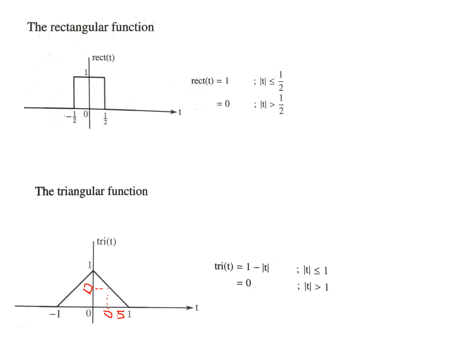Also at t equal to minus 0.5, its value is 0.5 only, because while subtracting I should take only the magnitude. Even though it is minus 0.5, take it as 0.5 and subtract, and you get the same.